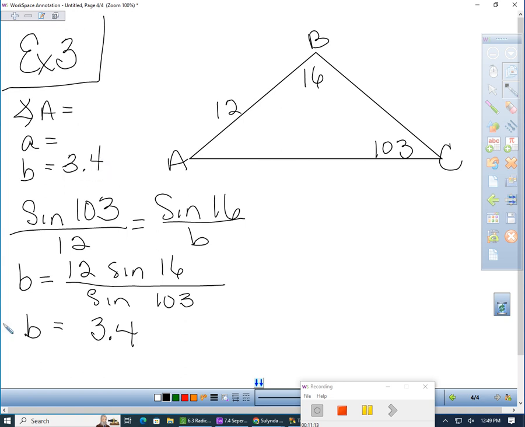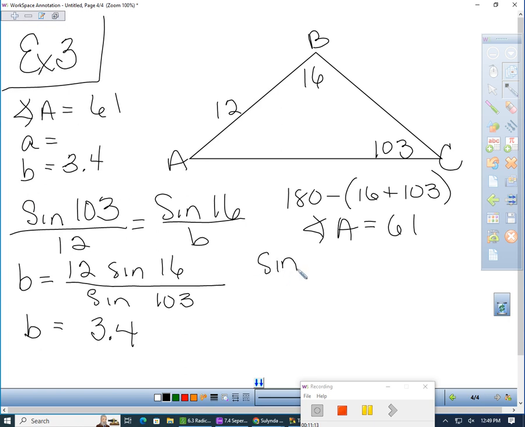We can find angle A by taking 180 and subtracting 16 plus 103. So angle A equals what? So I have 61 here. So what's the last thing I need to find? I need to find side A. I'm going to start with my original ratio again.